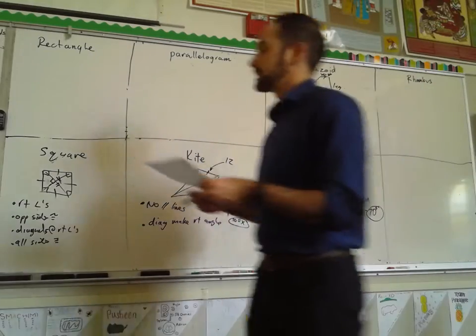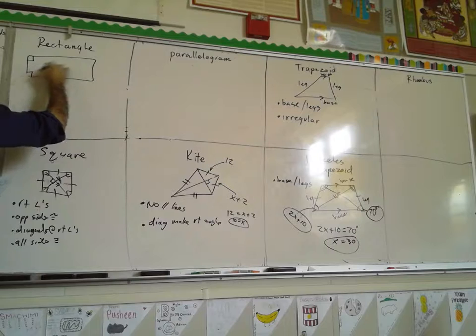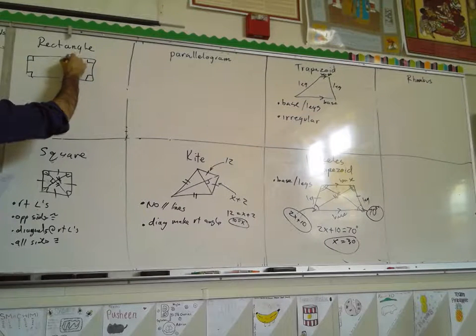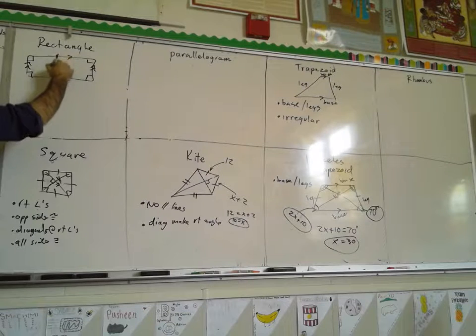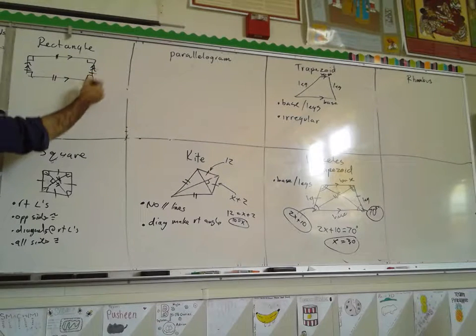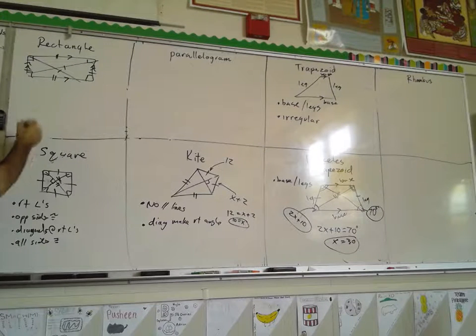Rectangle. So again, we had all right angles. They're parallel to each other, opposite sides. So you don't have to redraw the shape because you already have it. We have opposite sides are congruent, diagonals are congruent. So let's just put a couple of those.